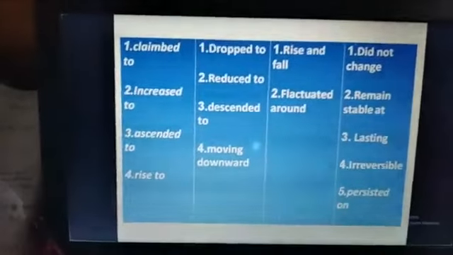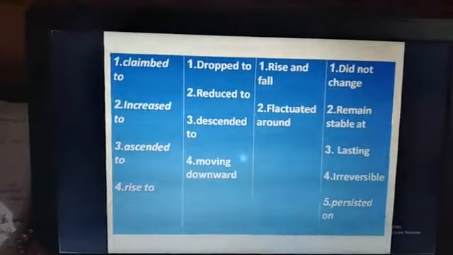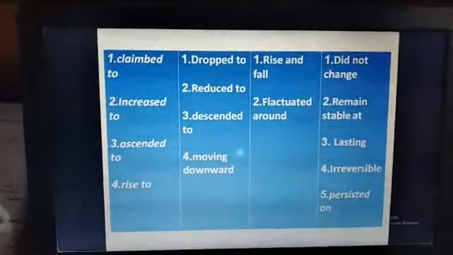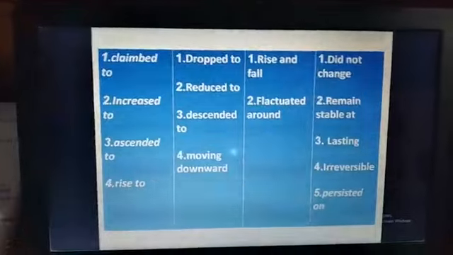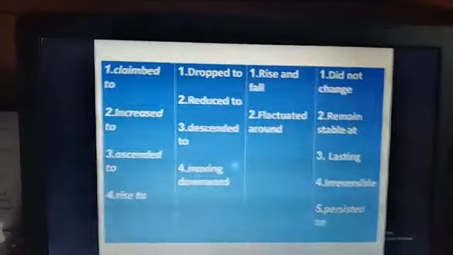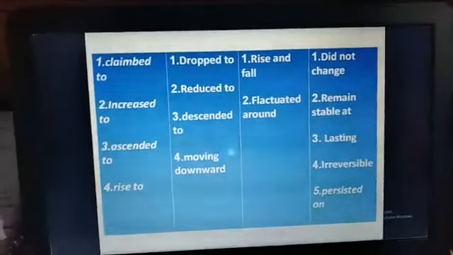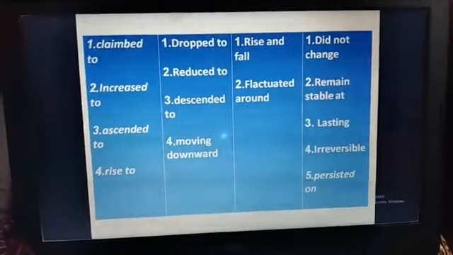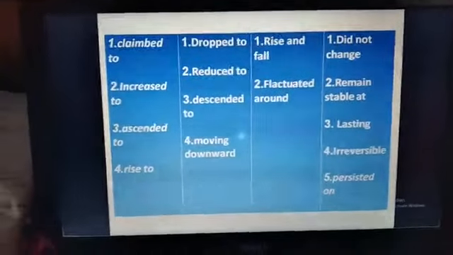If it drops or reduces, we will use dropped to, reduced to, descended to, moving downward. If we find rising and falling, we will use rise and fall or fluctuate around. If it is stable, we will use did not change, remained stable, persisted on. I think you all have understood.